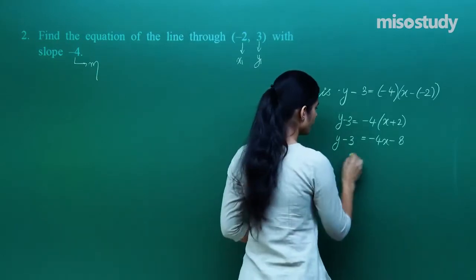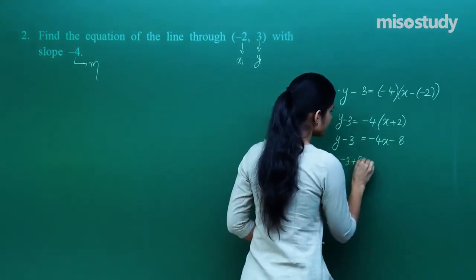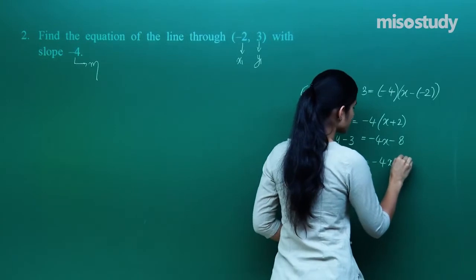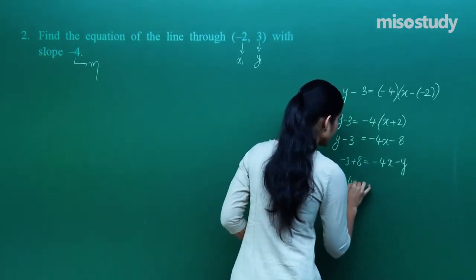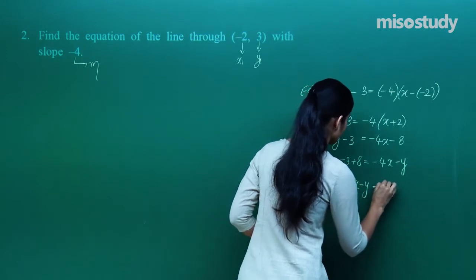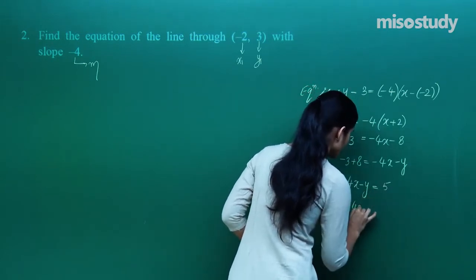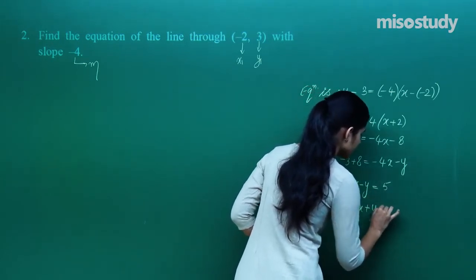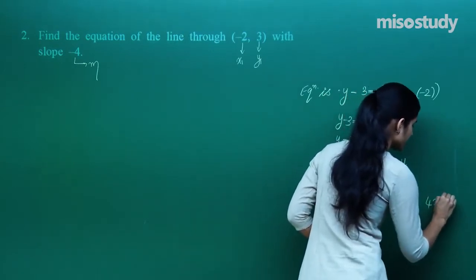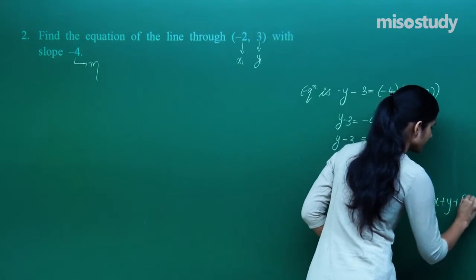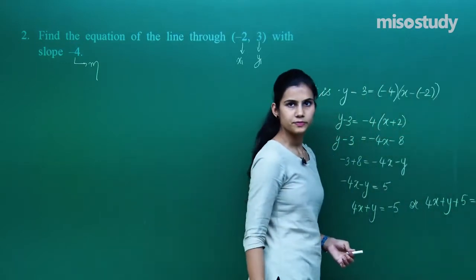So this happens to be -3 plus 8 equals -4x minus y. So you get -4x minus y equals 5, or 4x plus y equals -5, or 4x plus y plus 5 equals 0.